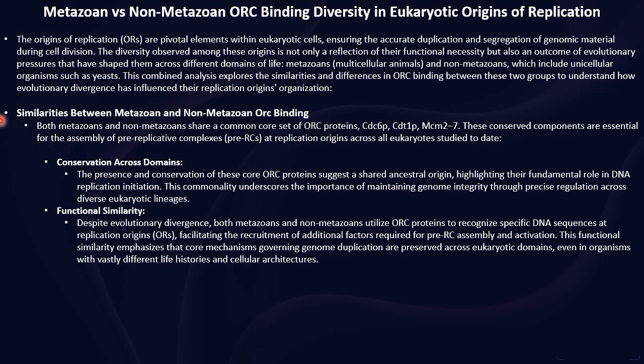Firstly, the similarity between metazoan and non-metazoan origin binding is that they share a common core set of replication proteins like ORC, CDC6P, CDT1P, and the MCM2-7 complex. These conserved components are essential for the assembly of pre-replicative complexes at replication origins across all eukaryotes studied to date. The first point is conservation across domains.